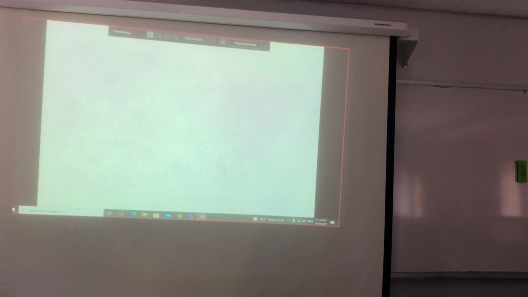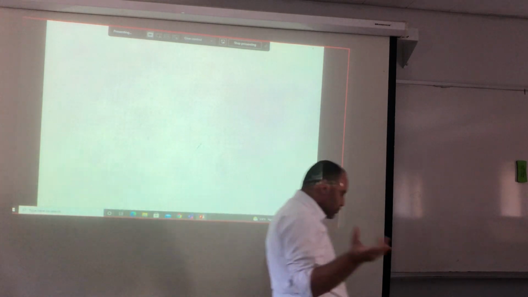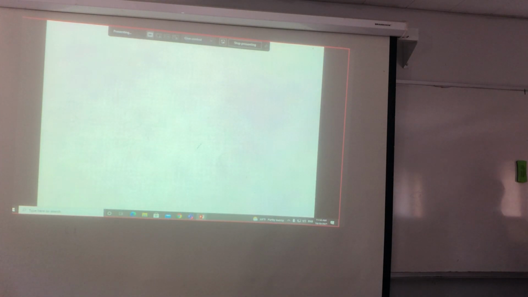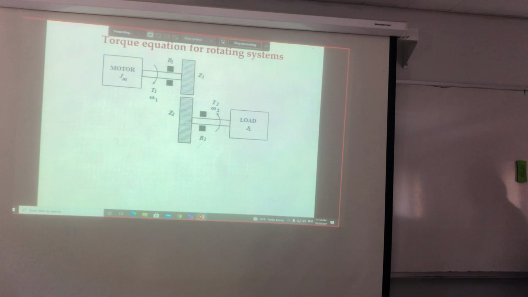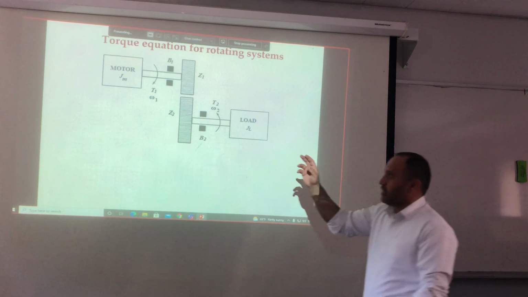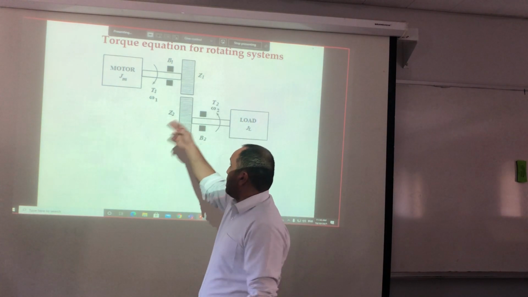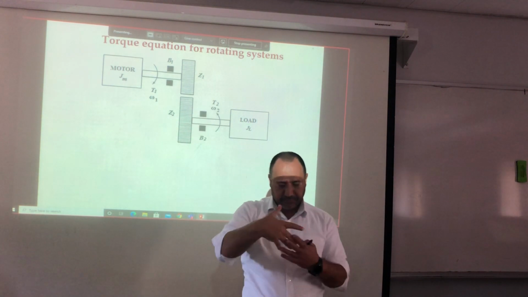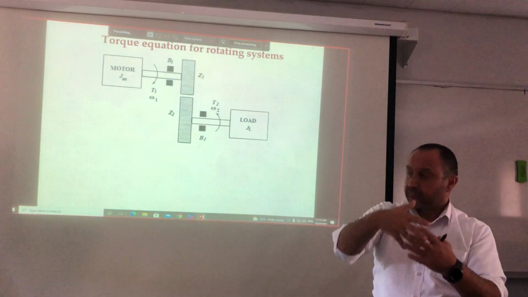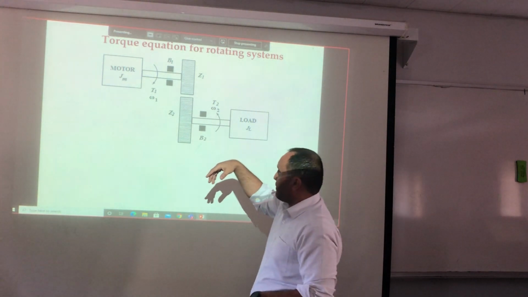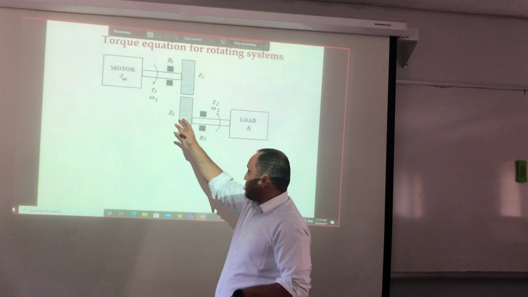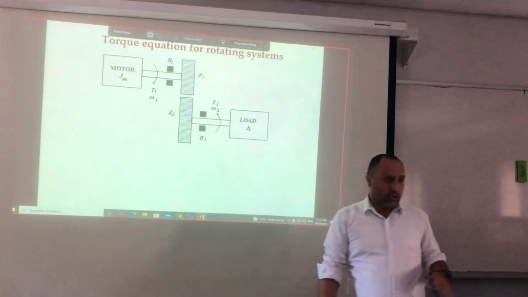So we can see the gearbox as a counterpart for the transformer. Here, as you can see, I have a motor, and I have 2 discs engaged to each other, shaping the power from the input side to the output in order to drive the load.